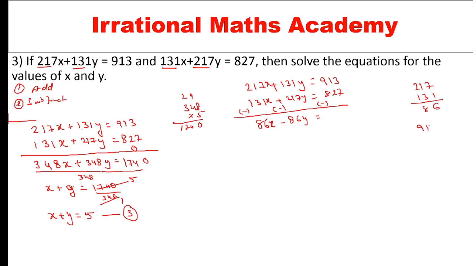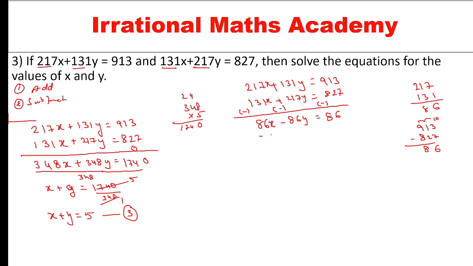Next, 913 minus 827. What I'll get here? Carry forward, now it is 13, right? 13 minus 7, 6. Now 90 minus 82, what will you get here? 86. So what did you get here? 86x minus 86y equal to 86.